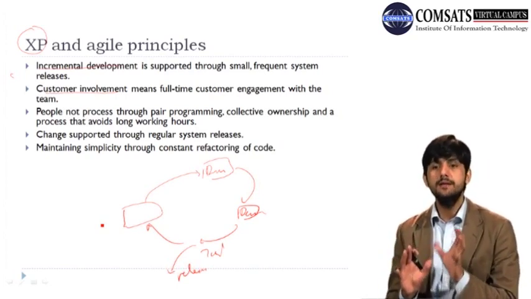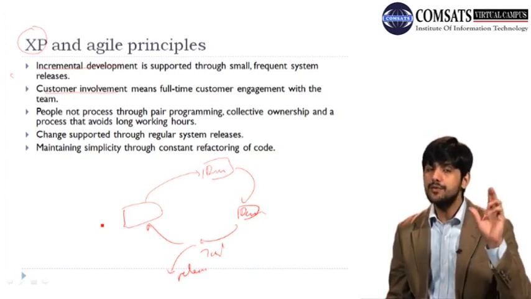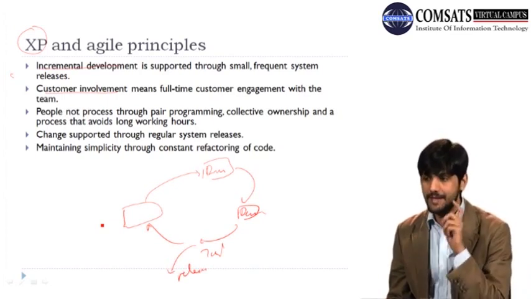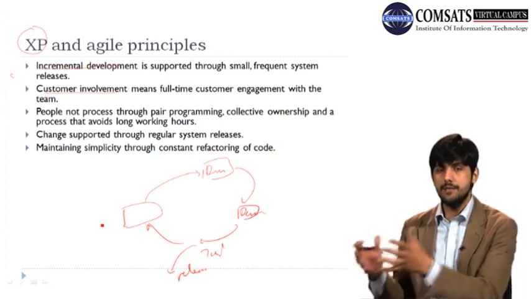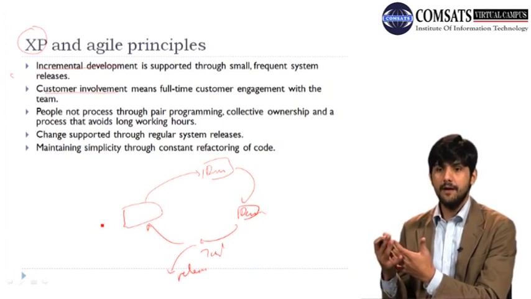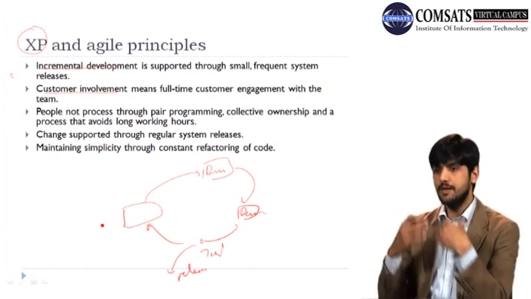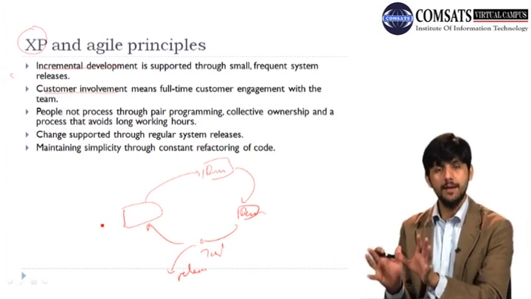You can imagine that by following these principles, we are sticking to those two principles of reduction of waste and evolution of requirements, because it can happen that within 2 weeks the customer changes some of his requirements. If it happens, we would know after 2 weeks, and we will prioritize again, or we will give this to the client, and based on his feedback, if there are any changes, we will get to know straight away.